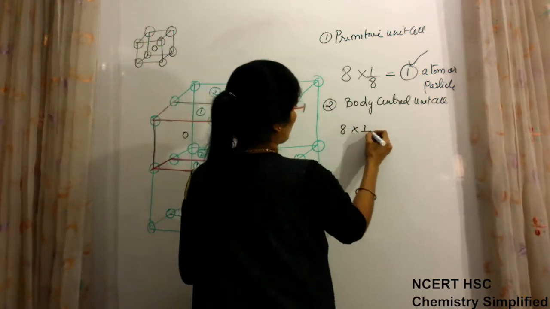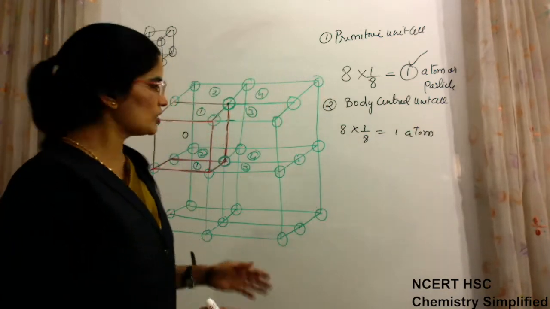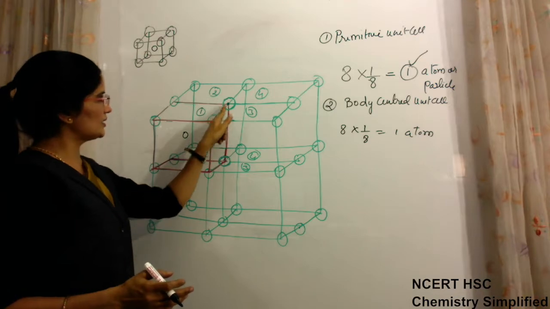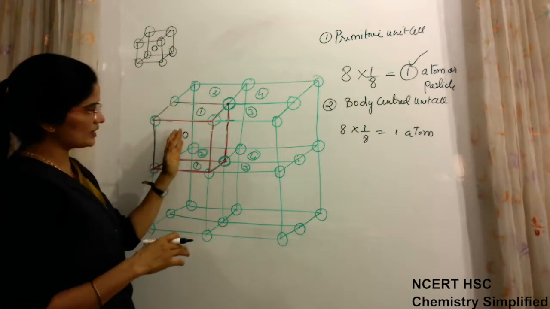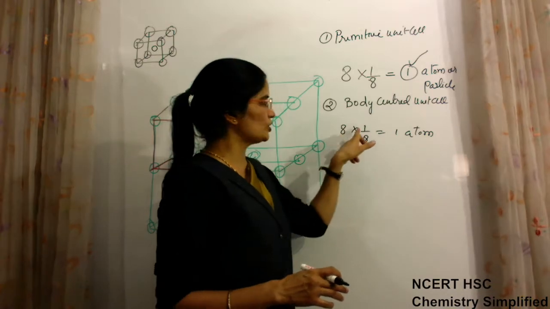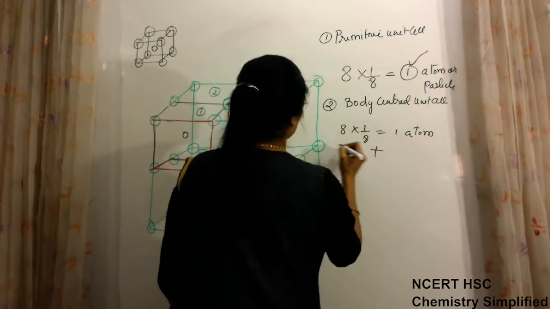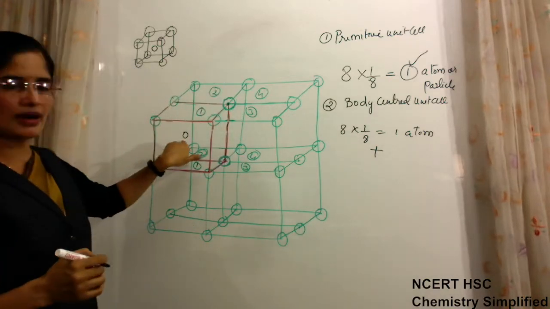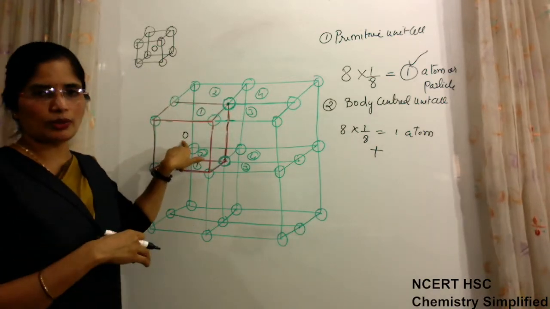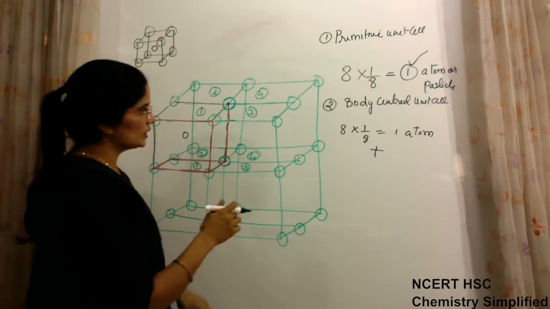So 8 into 1/8 is equal to 1 atom will always be there, because the corner atoms contribute 1 atom by 8 into 1/8. Along with that, one extra particle is present in the center of the body, which is not shared by anyone because it is inside the body of the unit cell.